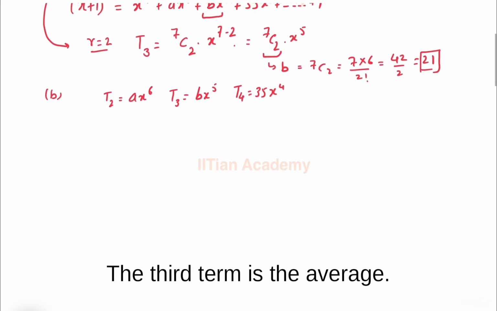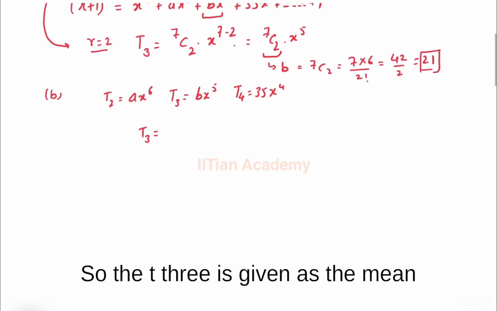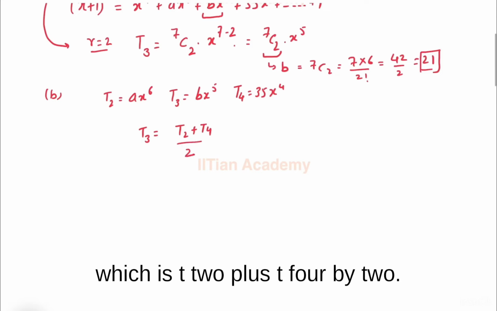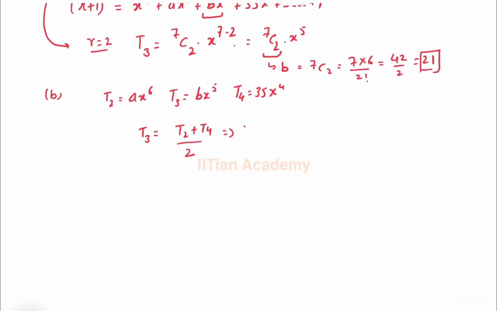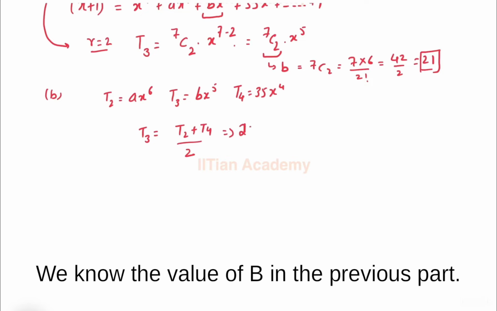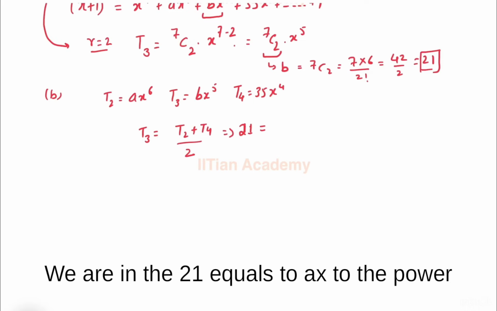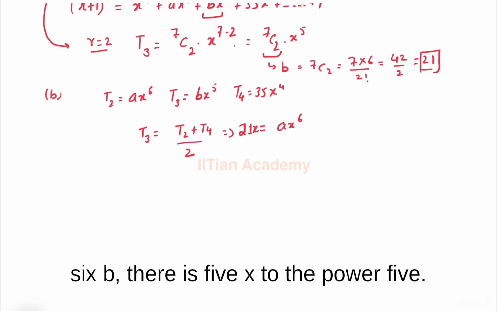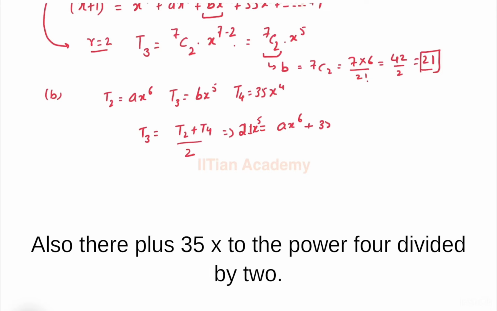The third term is the average. So T3 is given as the mean, which is (T2 + T4) by 2. T3 is b, and we know the value of b from the previous part. We identified 21 equals (ax^6 + 35x^4) divided by 2, with the 21x^5 on the left.